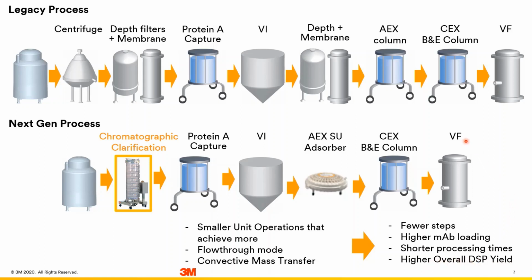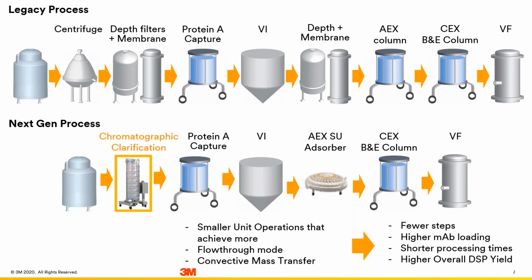If we apply two of the products that I'm talking about here, chromatographic clarification as a single step and a salt tolerant ST polisher, we can see the impact that it has on the process. So you end up having a shorter process overall.